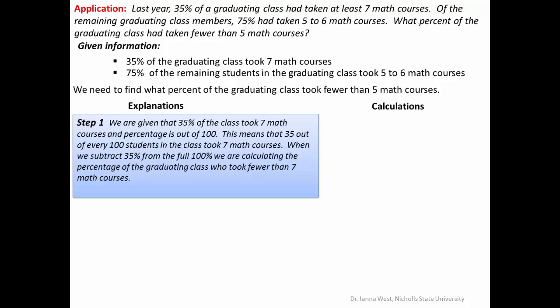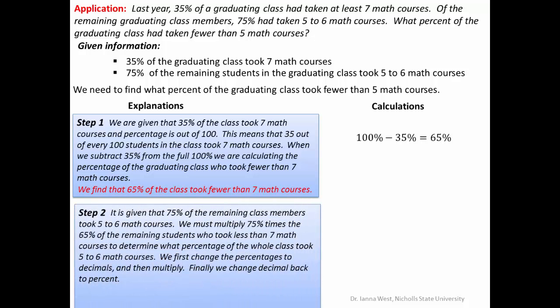When we subtract 35% from the full 100%, we are calculating the percentage of the graduating class who took fewer than 7 math courses. That is, 100% minus 35% equals 65%. This means that 65% of the class took fewer than 7 math courses.